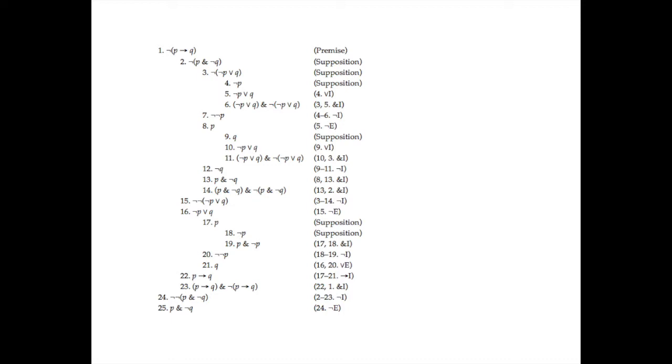So on line 23 I get a contradiction. All right. That means the supposition all the way back on line 2 is false. So I get not P and not Q.